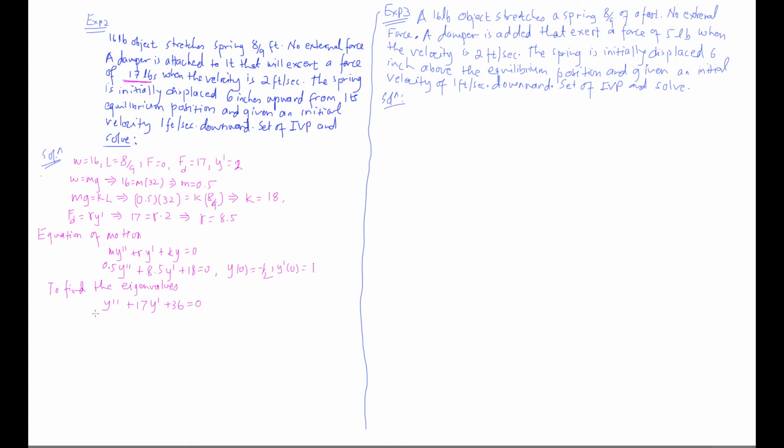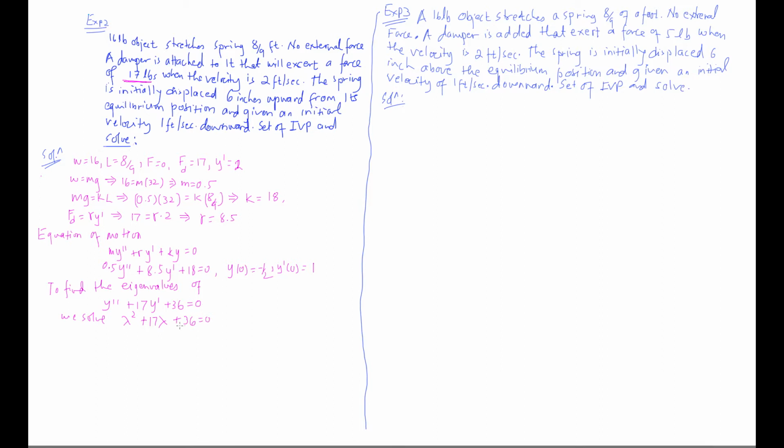So basically we solve for the eigenvalues of this. If you simplify, we do lambda squared plus 17 lambda plus 36 equals 0, right?